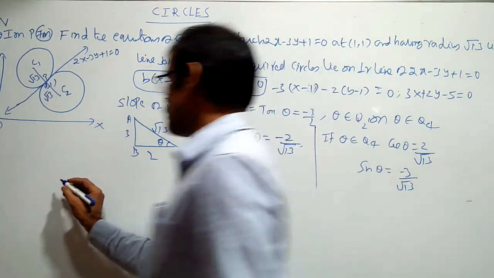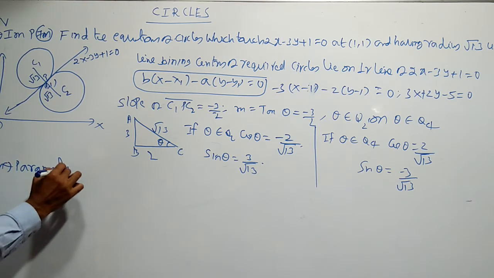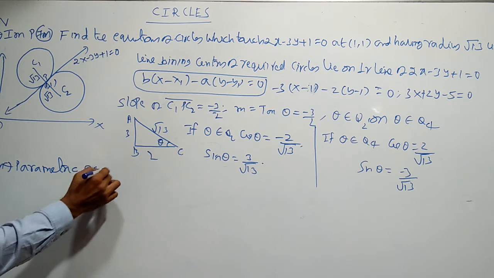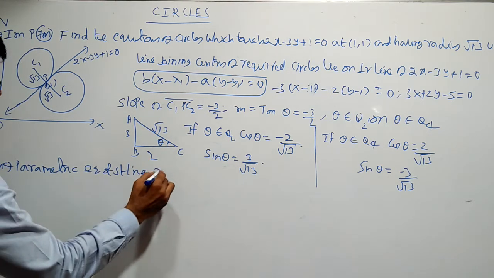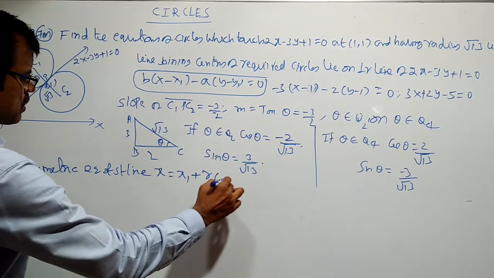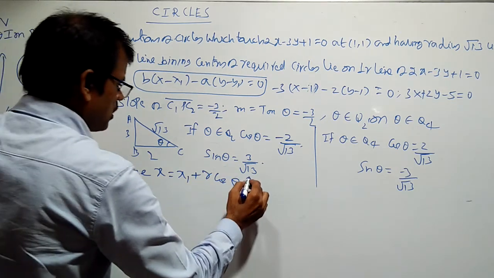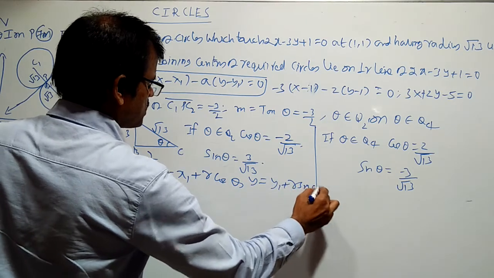Using the parametric equation of a straight line, x = x1 + r cos theta and y = y1 + r sin theta.